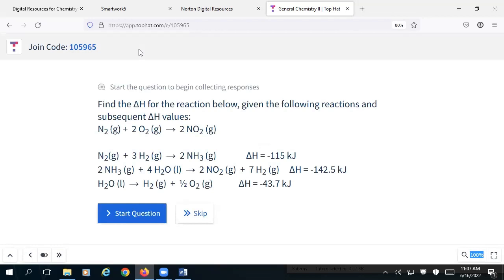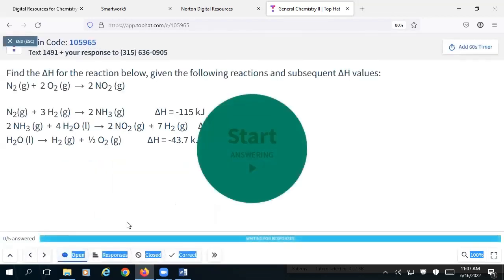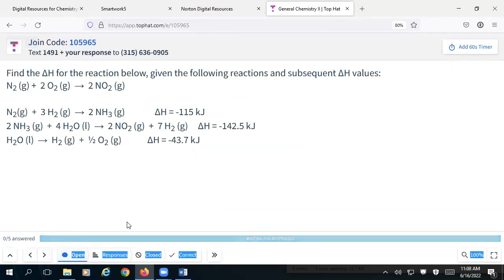Here's one for you to try. Find the heat, the enthalpy change for the reaction between nitrogen and oxygen to make nitrogen dioxide using the three equations below and their delta H values. So do the same thing that we did in the first example.